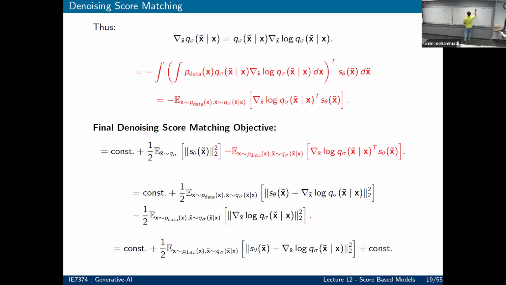Right. So we have this term, right? This is the same as if you had s theta x minus gradient x log q x bar to the power of 2. One term is missing plus whatever term is missing, so they will cancel out.